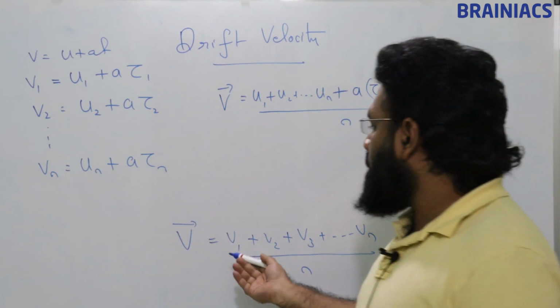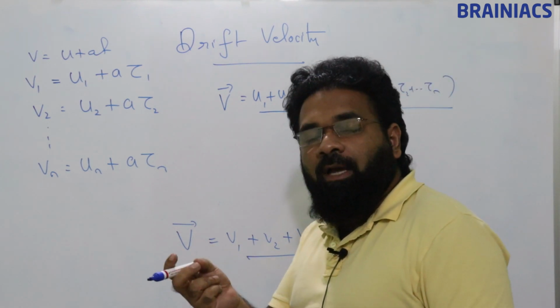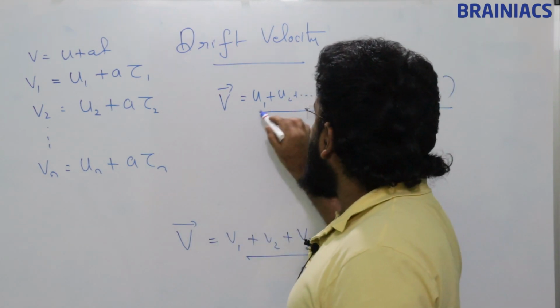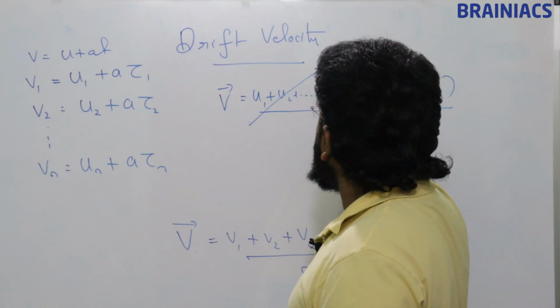Here after collision, for that moment electron velocity will become 0. So I can take this U1 plus U2 plus Un as 0.